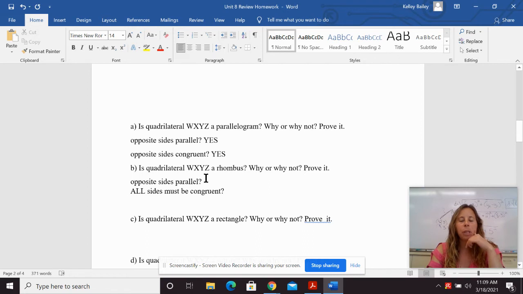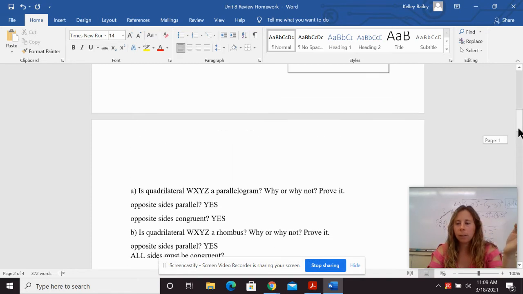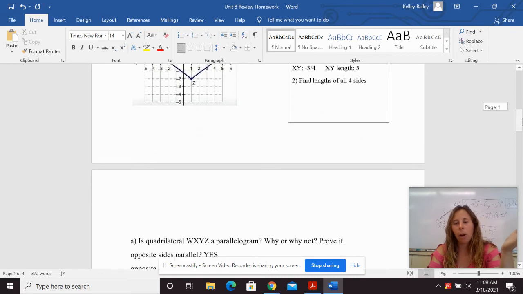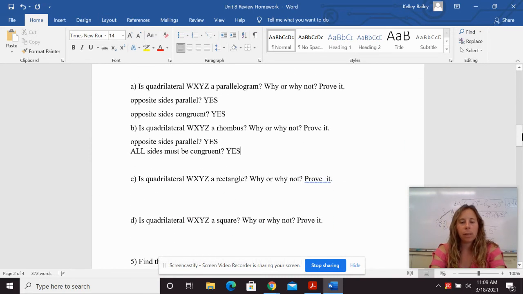Are opposite sides parallel? Yes, we already proved that. Opposite sides have the same slope, so they're parallel. Are all sides congruent? Are they all the same length? Yes. We just found all the lengths, and they're all the same length. So yes, it is a rhombus.